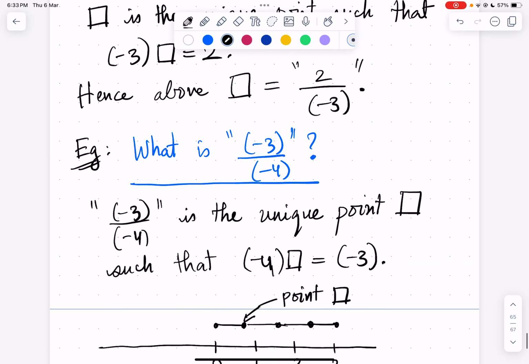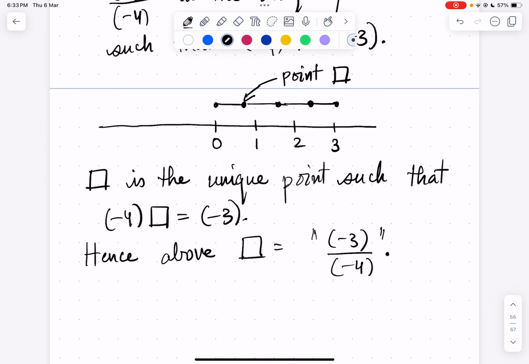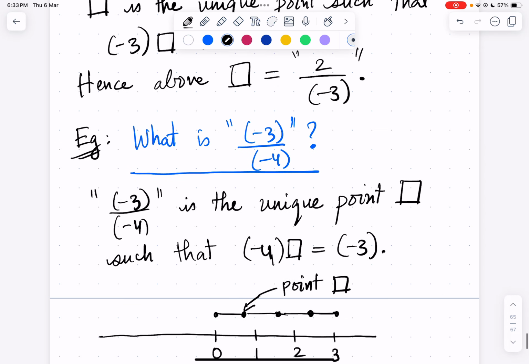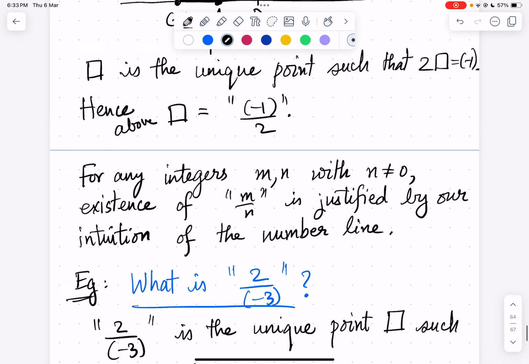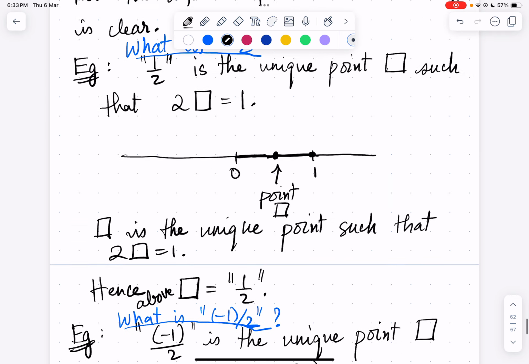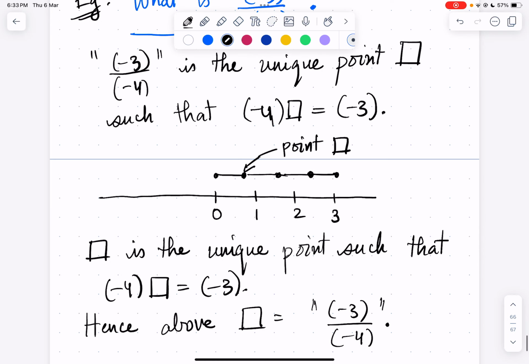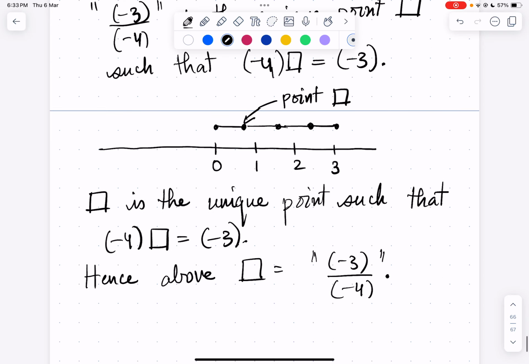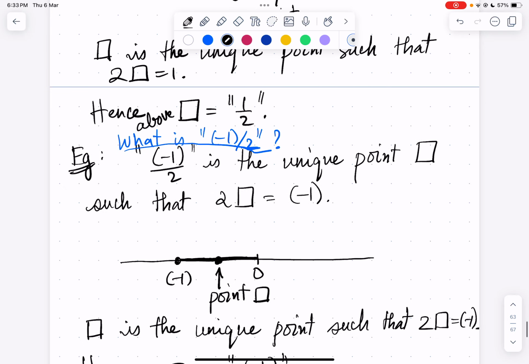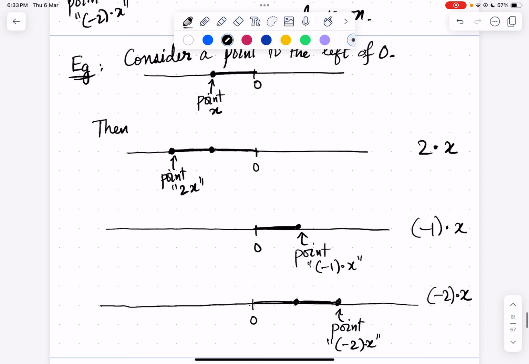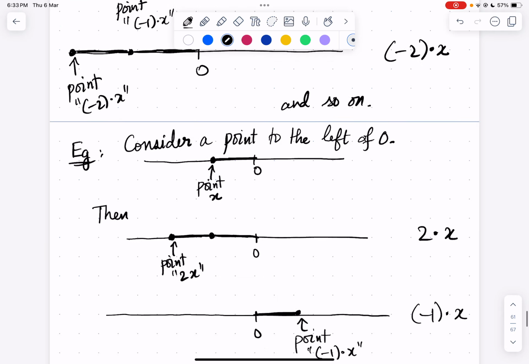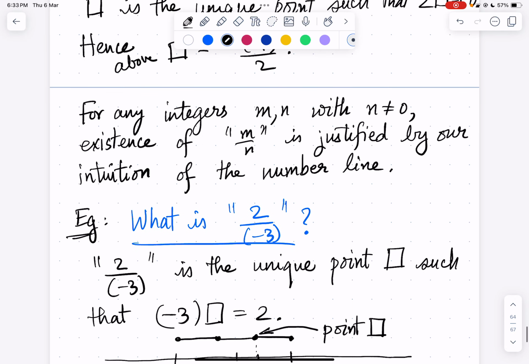Okay, so we've taken some examples to show what exactly we mean by 1 by 2, minus 1 by 2, 2 by minus 3, minus 3 by minus 4, and so on. So this is what the definition says, and the existence of these points is justified by intuition. They exist for any integers m, n with n not equal to 0. The existence of m by n is justified by our intuition of the number line.